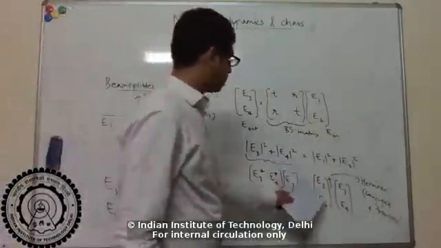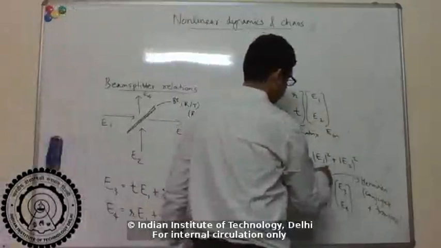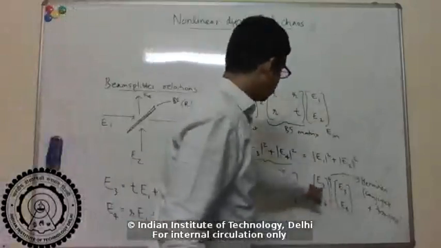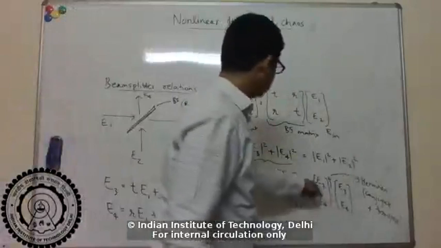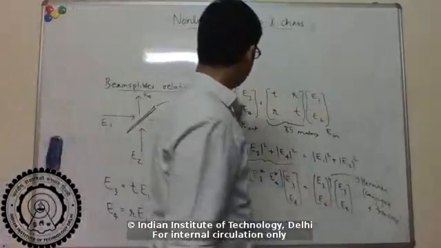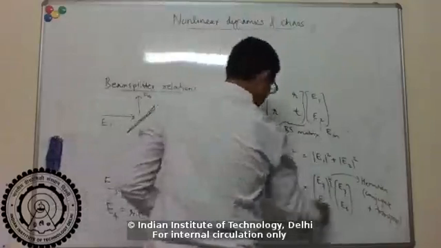So that's the left hand side. Similarly, the right hand side, forget about that. Now what we can do is use these relations. We can write E3, E4 in terms of E1, E2, right? So we just plug this thing here.